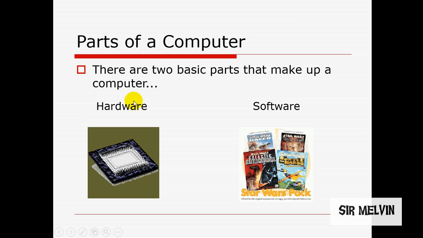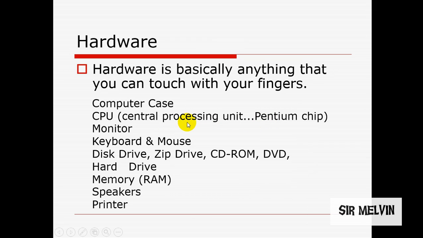So there are parts of a computer. There are two basic parts that make up a computer. The first one is the hardware, and the other one is the software. What is hardware?